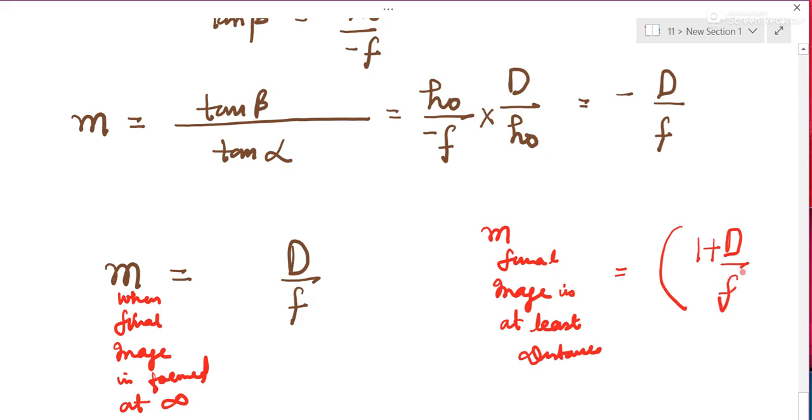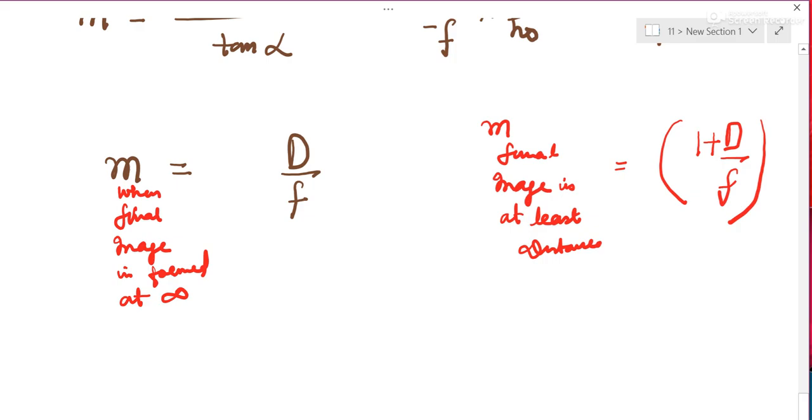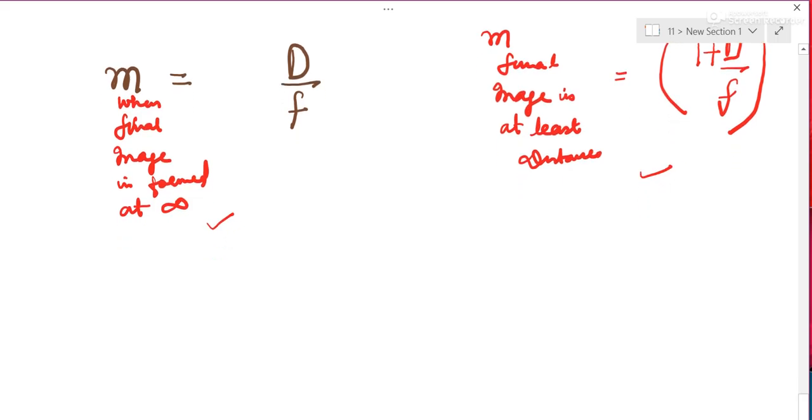So you can see the difference of magnification in both cases. Here it is 1 more and here it is 1 less. In which case magnification is more, they ask. Magnification in the least distance case is more than magnification in the case of infinity.